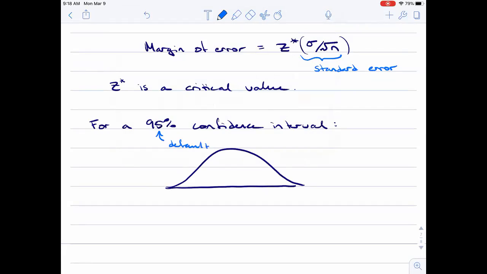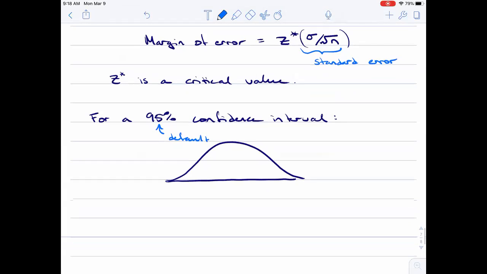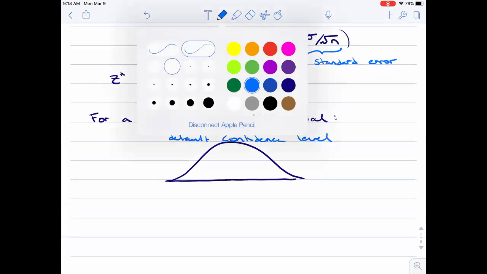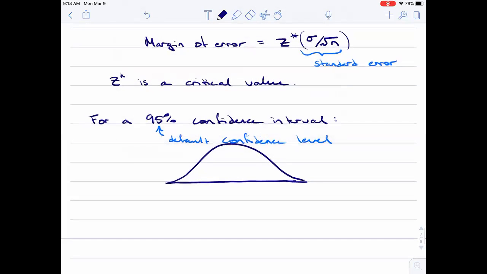This is the default confidence level that we use. Default confidence level. So what we have is that there's going to be some negative Z star and some positive Z star. And for a 95% confidence interval, this area here is 0.95.